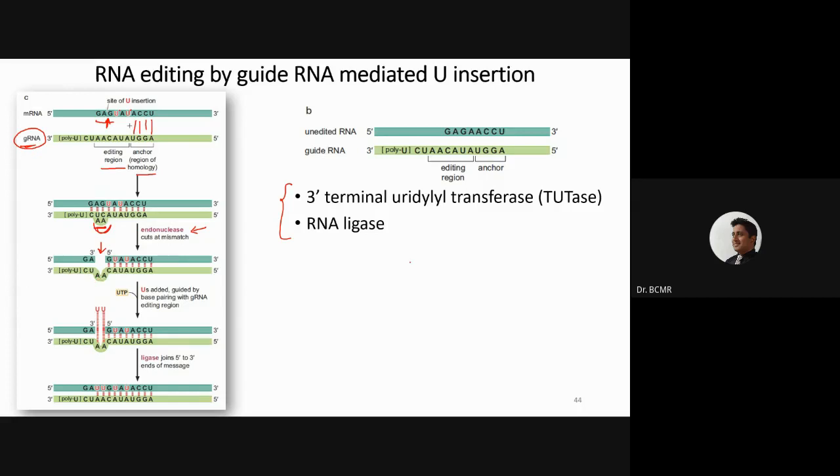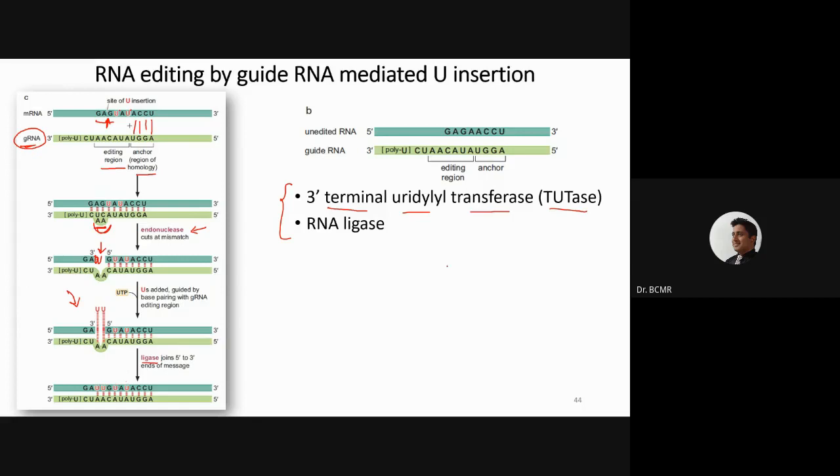And now the enzyme, terminal uridylyl transferase, TUTase, finds this terminal and will add two uridines there. That's the name also, 3' terminal uridylyl transferase. And two uridines are added in that location, and then the ligase enzyme seals the phosphate backbone, forming a complete RNA.